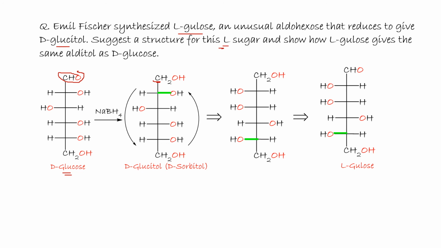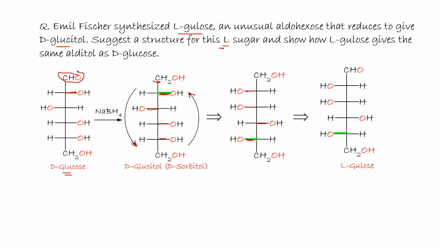So if we look at this OH on the right, if we rotate this molecule 180 degrees in the plane of the paper, then we get the OH on that side. And this one will be on the other side. And these two are on the same side as the OH, so they will be on the left.